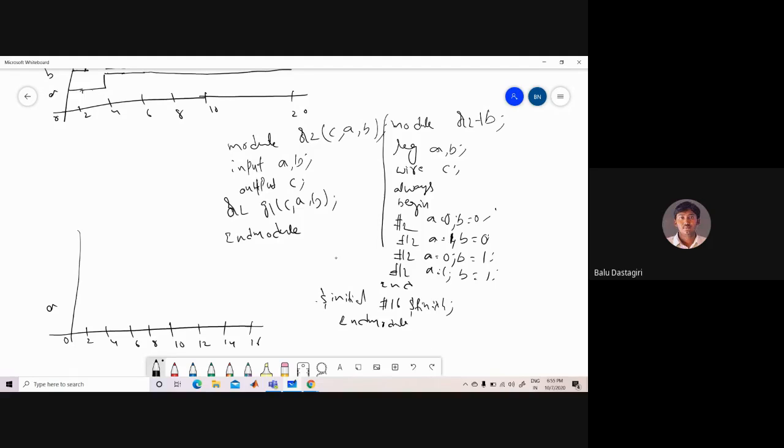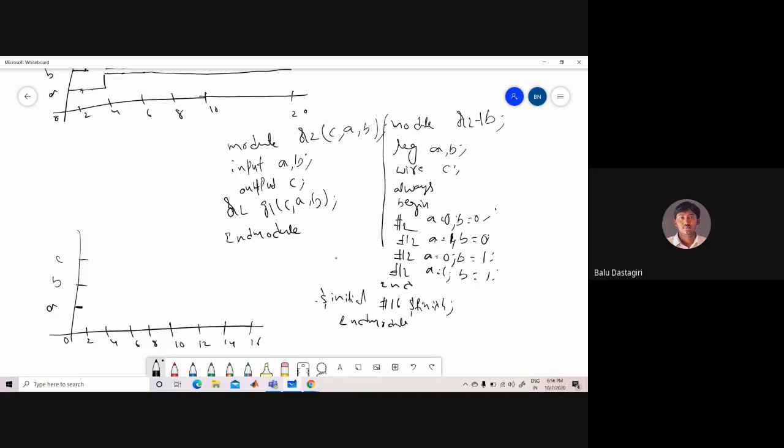So from 0 to 2, the value of A is unknown and the value of B is also unknown. Why? Because initially I have assigned A equal to 0 and B equal to 0 with a delay of 2 time units. So C is also undefined from 0 to 2.